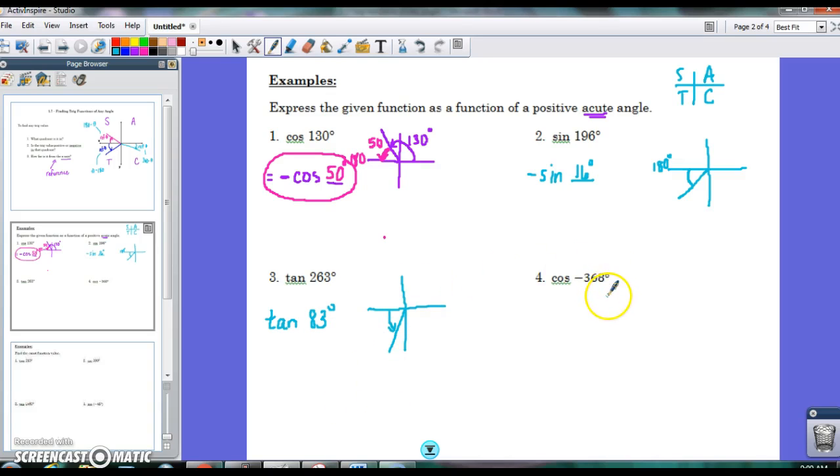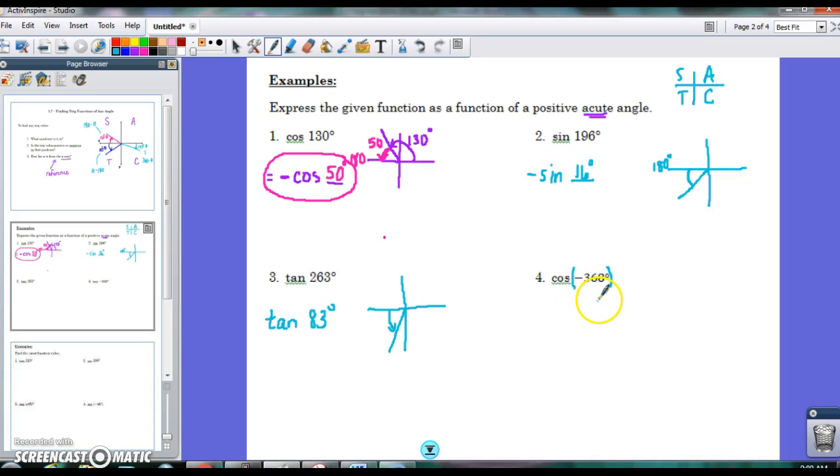Okay, in problem number 4, a lot of times you'll see this angle in parentheses, sometimes you won't, but it's the same thing. And now we're talking about a negative angle, right? We have negative degrees here. So let's use a coterminal angle to figure out where that puts us.